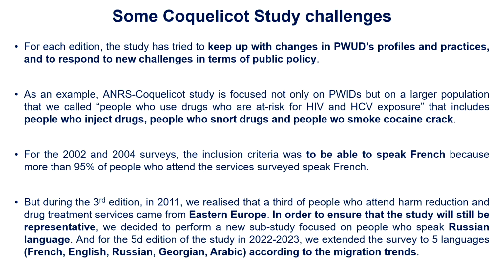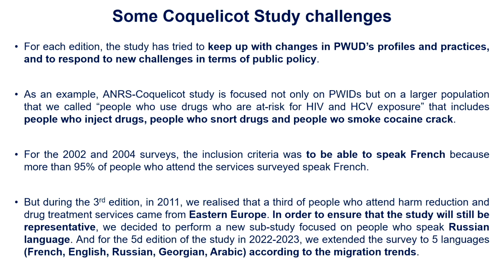As an example, the Coquelicot study is not only focused on people who inject drugs, contrary to other monitoring studies that have been presented today, but we are working on a larger population that we call people who use drugs who are at risk or exposed to HIV and HCV. We include people who have injected drugs at least once in their life, people who have snorted drugs at least once in their lives, or people who have smoked cocaine crack at least once in their lives.